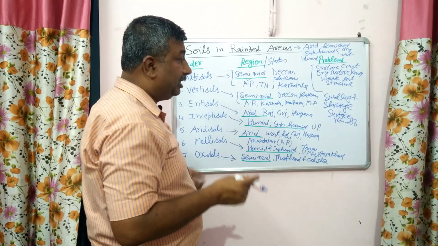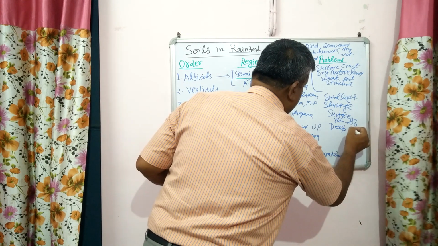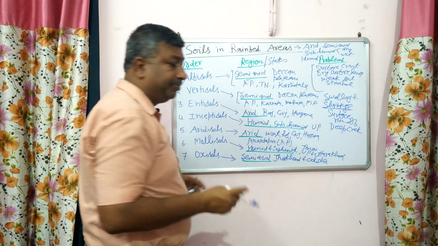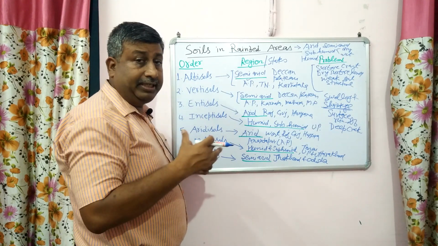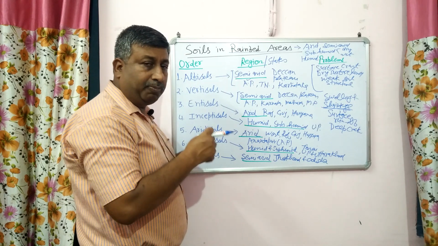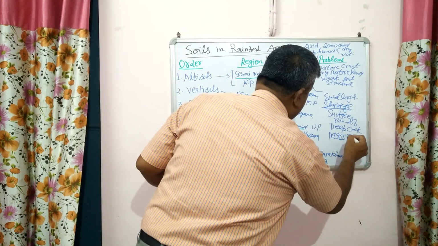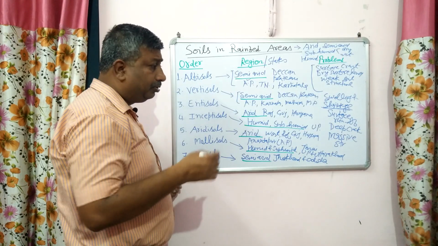Another problem is that they make deep cracks, and on drying, they make large, hard clods. So a lot of energy is required to break the clods. So they form a massive, hard structure, and are hard to till.